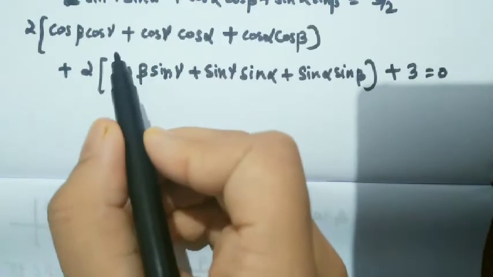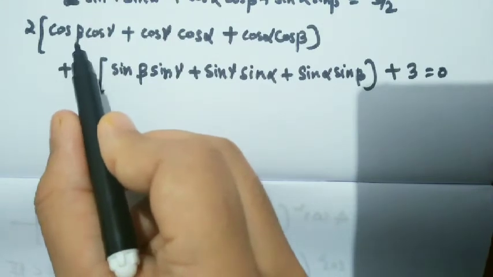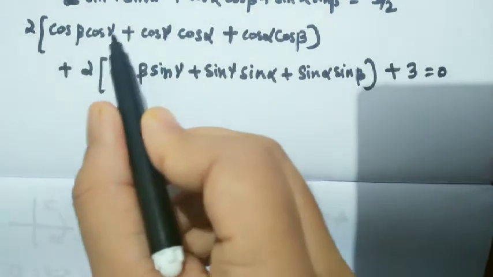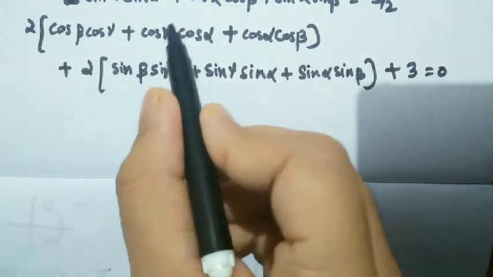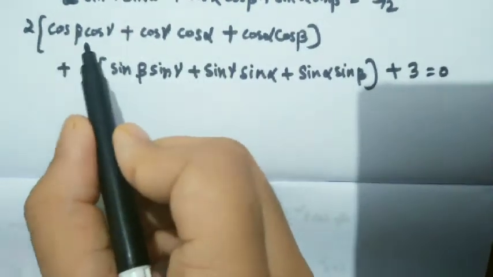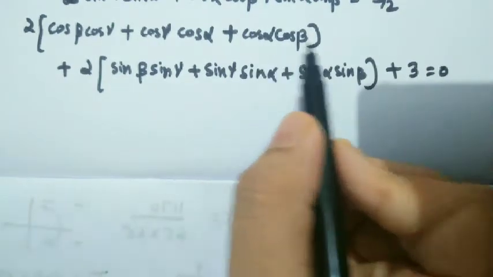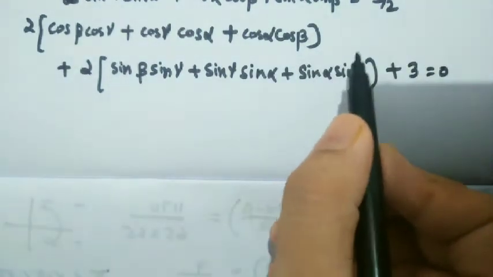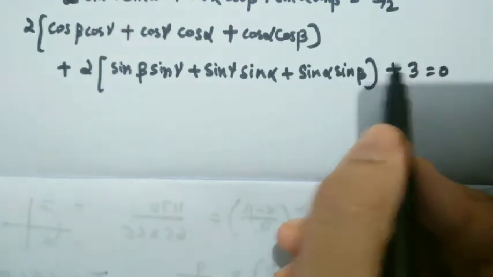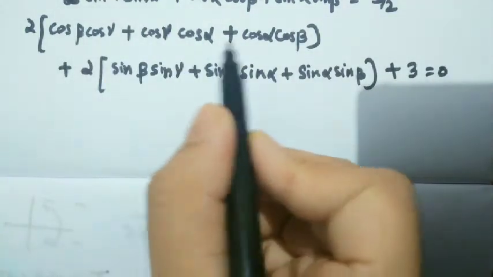To simplify this more, take cos beta as some x, cos gamma as y, and cos alpha as z. Then this is like 2xy, 2yz, 2zx. If I also get x square plus y square plus z square, then I would get the expression (x plus y plus z) all square.